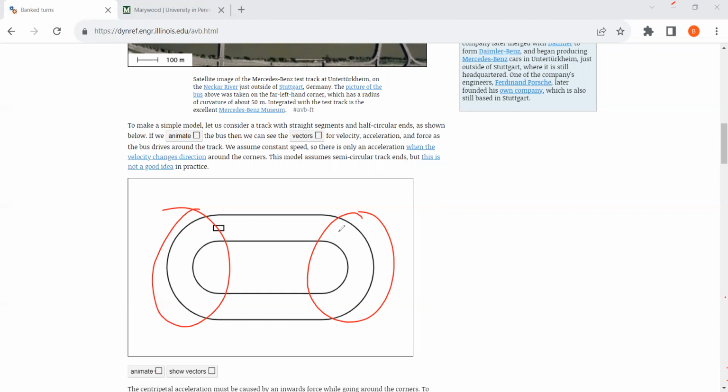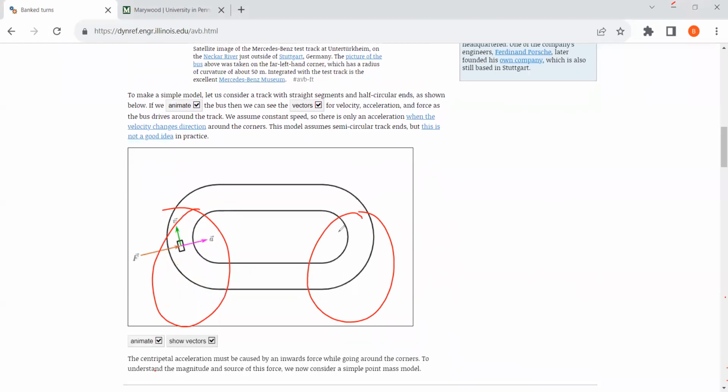Let me animate it and then show the vectors. When it is in the circular portion, there is a centripetal acceleration to the center of the circular portion, and the force's direction is also to the center.